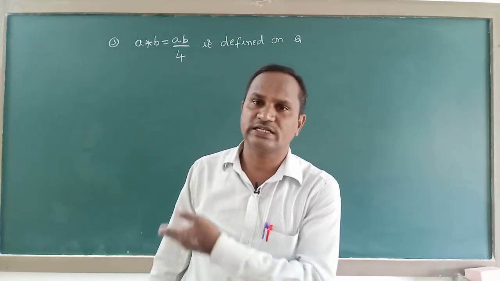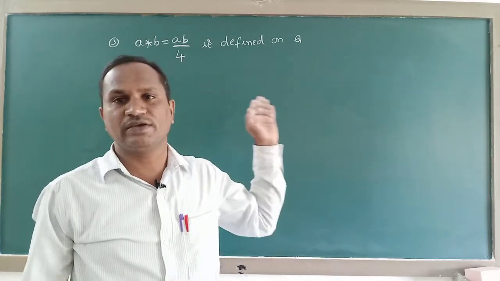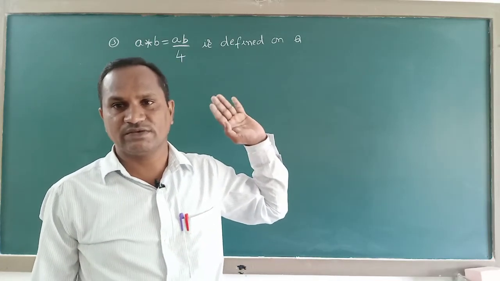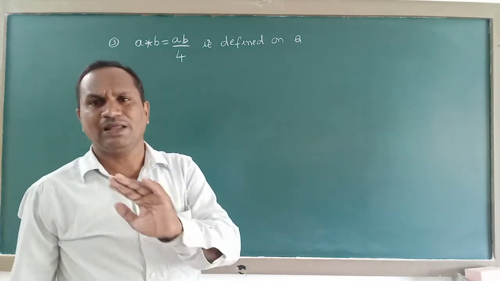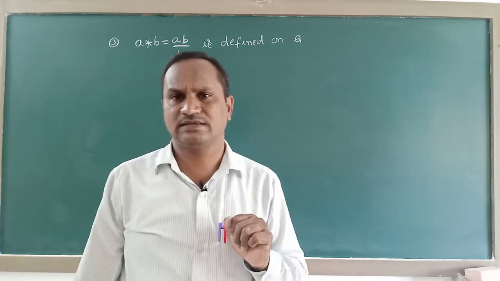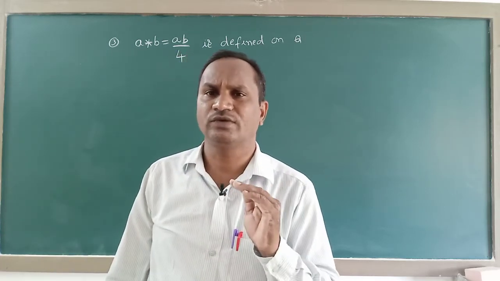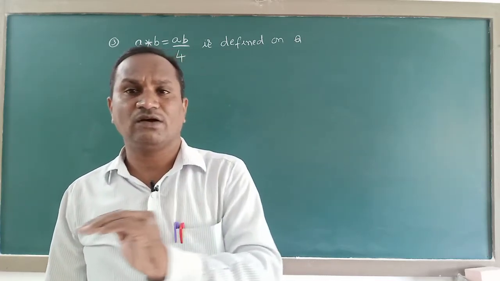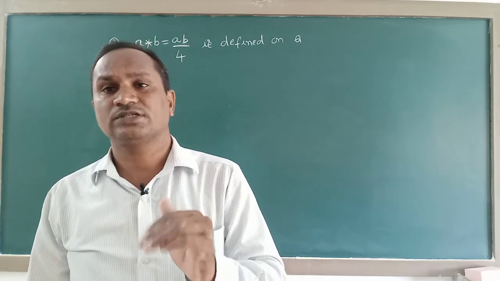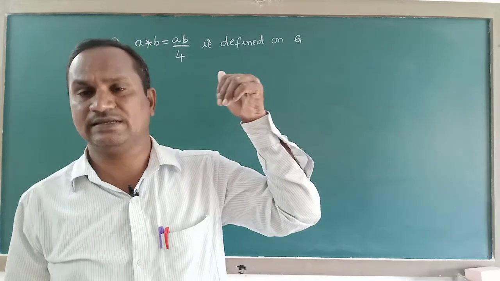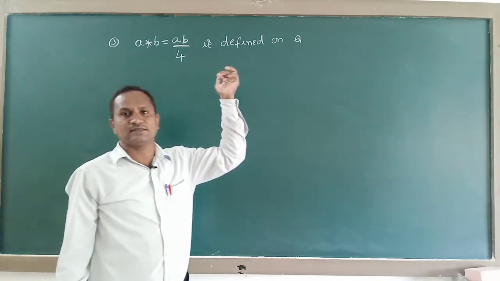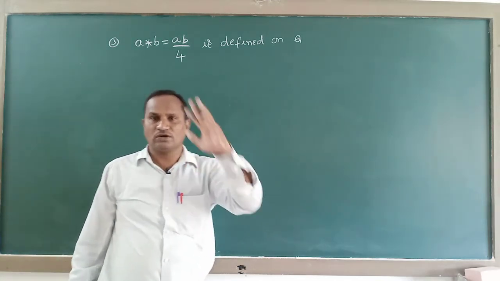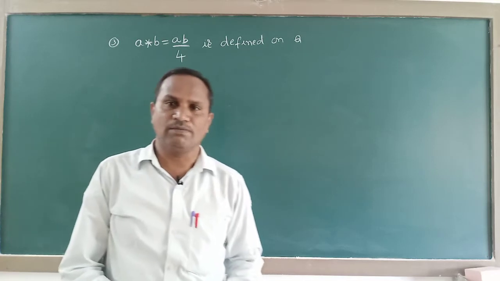That is how easily we can say star is always a binary operation for this given definition. But they did not ask that question; I am simply giving one extra. When you want to verify whether a definition is a binary operation or not, you should write this answer: the product of any two rational numbers and dividing by 4 is always a rational number.